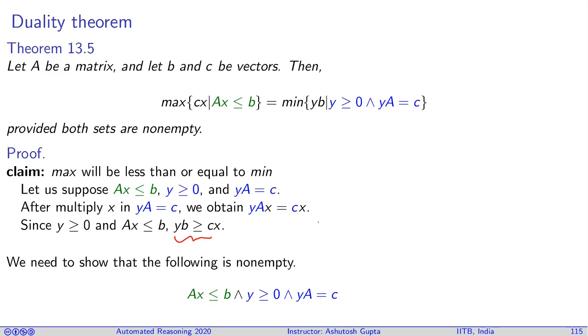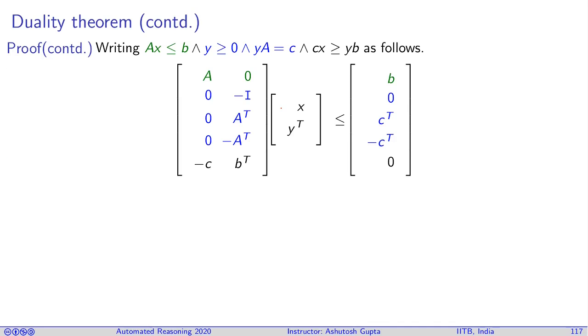So now we know that yb is always greater than or equal to cx. If we take this constraint in conjunction with cx ≥ yb, and this is a non-empty set, then we can show that the max meets at an equality. So how do we do that? To check whether a set of constraints is satisfiable, we turn it into matrix form. For example, Ax ≤ 0 is written like this, and y ≥ 0 is written like this.